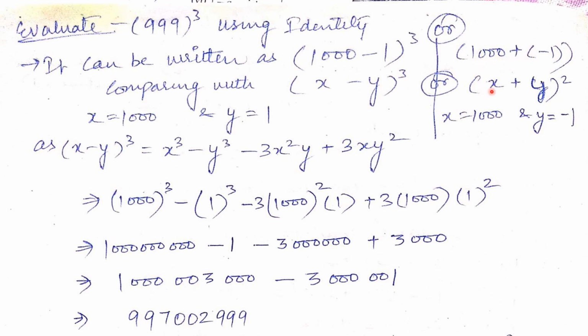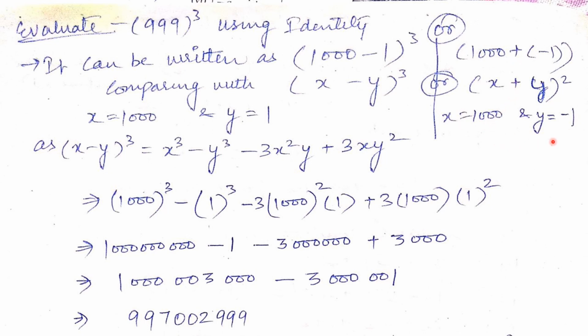It becomes the (x plus y) whole cube formula. I'm sorry for the earlier mistake, it is cube. So x is 1000, y is minus 1, plus and plus are comparable.